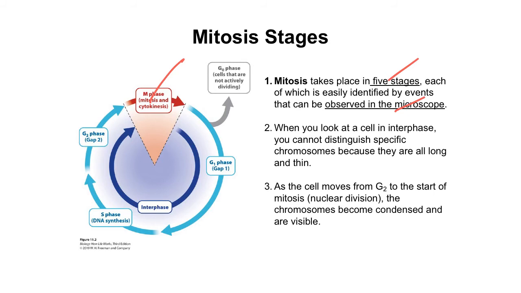But as the cell moves from G2 to the start of mitosis, which is our nuclear division, the chromosomes become condensed and visible. Therefore, we can examine them under the microscope, and as I said, we can identify 5 stages of mitosis. So here we go.